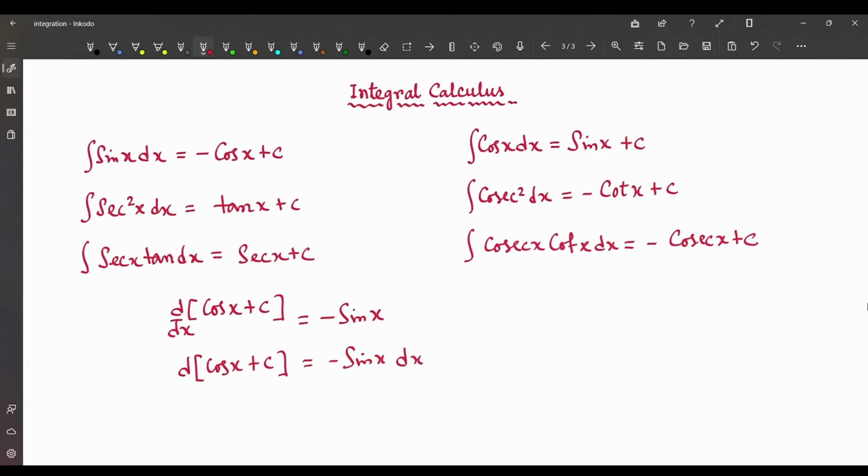Now integrating both sides we get, since differentiation is the reverse of integration, the result of the left side of the equation is cos x plus c, and this is minus sin x dx. Therefore we can write integration sin x dx is equal to minus of cos x plus c. Similarly, we can prove the other trigonometrical equations.